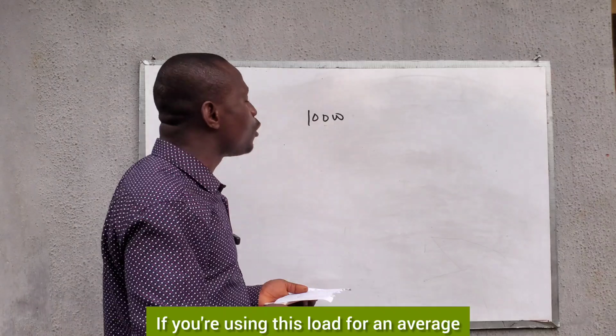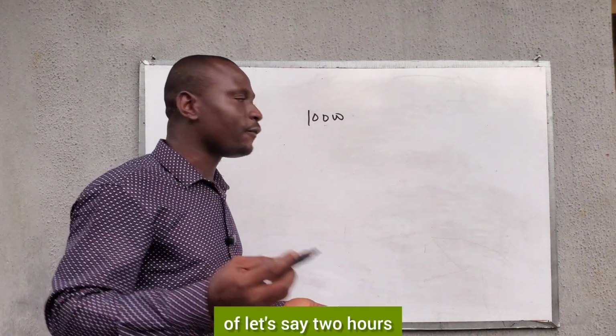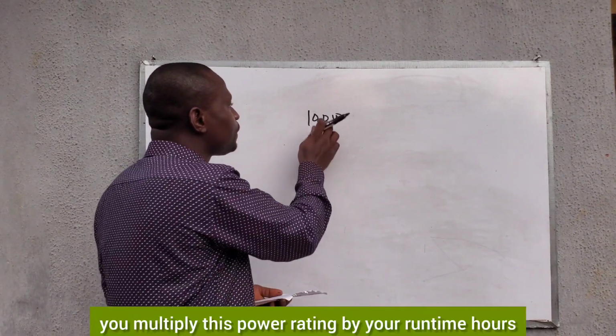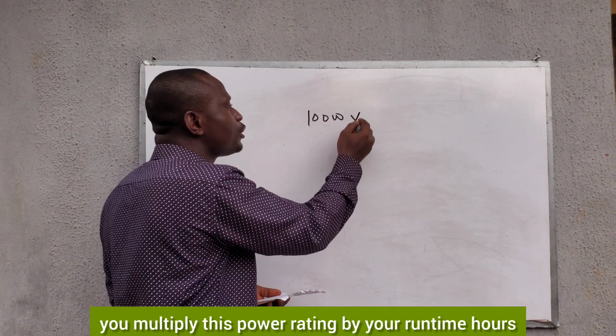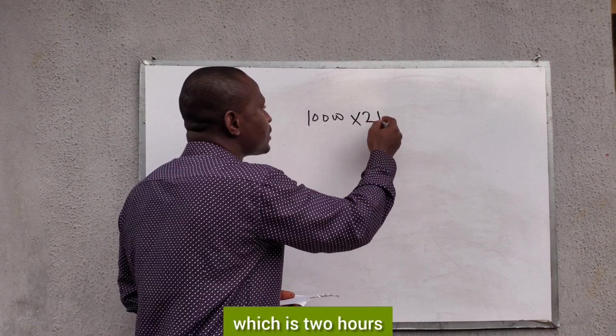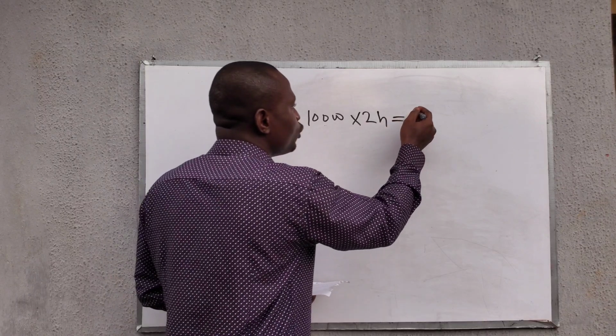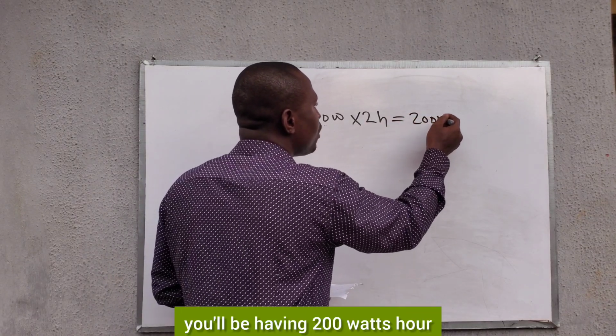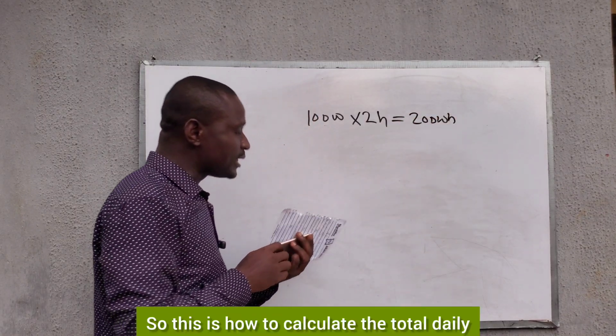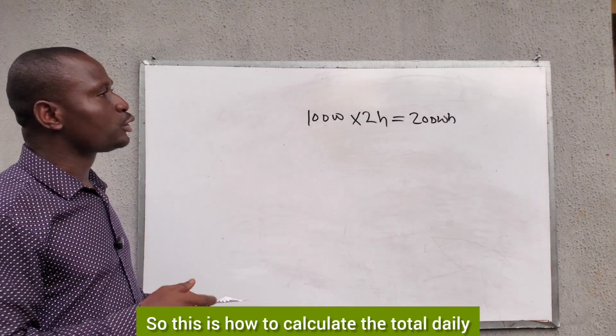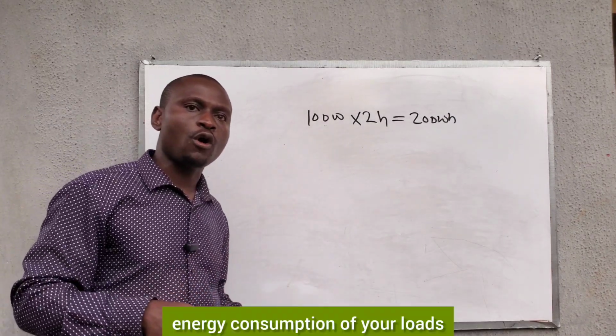If you are using this load for an average of, let's say, 2 hours, you multiply this power rating by your runtime hours, which is 2 hours. So if you multiply 100 watts by 2 hours, you'll have 200 watt-hours. So this is how to calculate the total daily energy consumption of your loads.